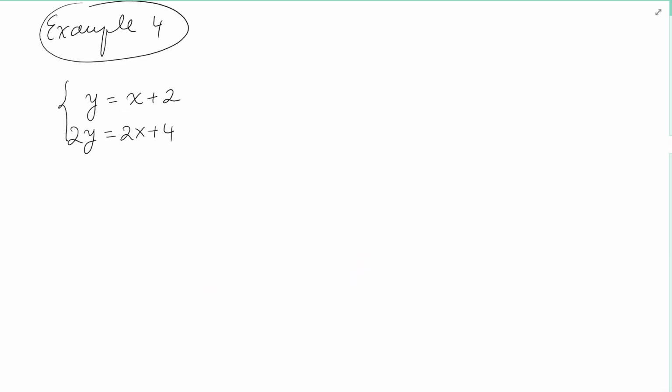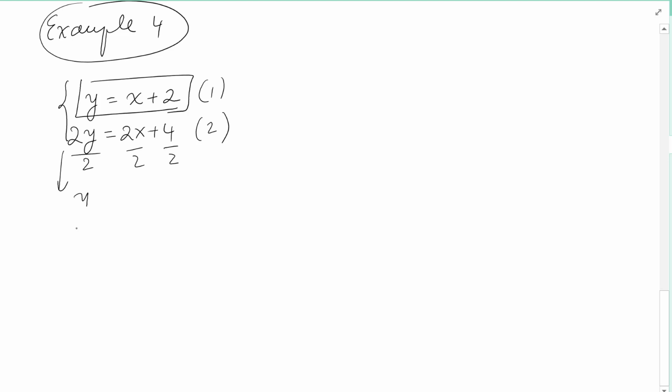And let's do really quick one more example. If we have these two equations, y equals x plus 2 and 2y equals 2x plus 4. So this one is already in slope-intercept form. How about the second one? Well, I would just have to divide by 2 every single term and we get y equals x plus 2.